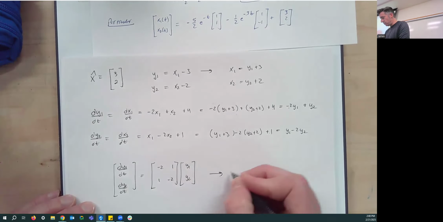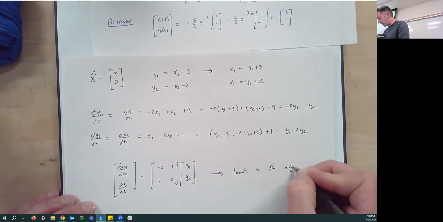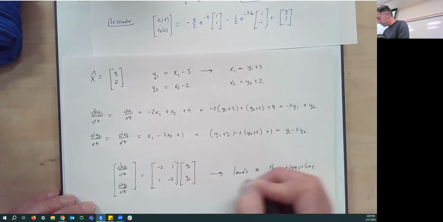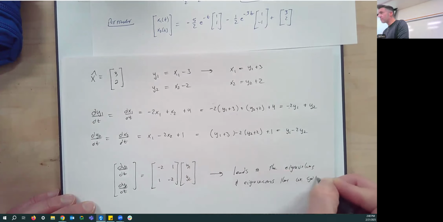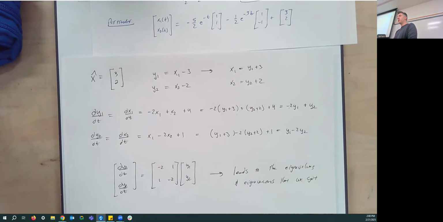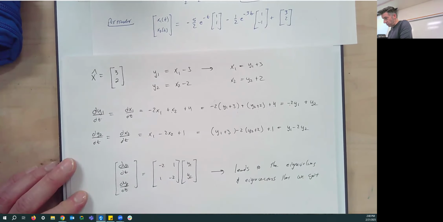This leads to the eigenvalues and eigenvectors that we got. And then you can go back and show our solution.